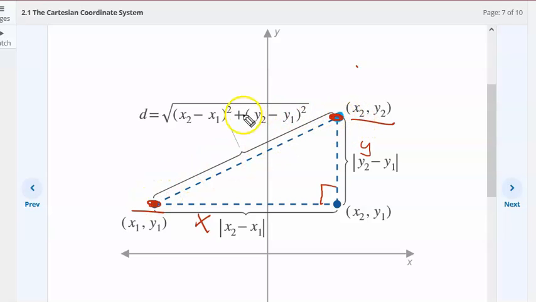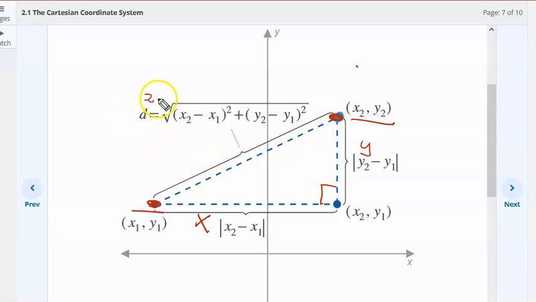Well, if you figure out the differences between your x coordinates and your y coordinates, square them, then that would be equal to the square of the diagonal, which is the hypotenuse.